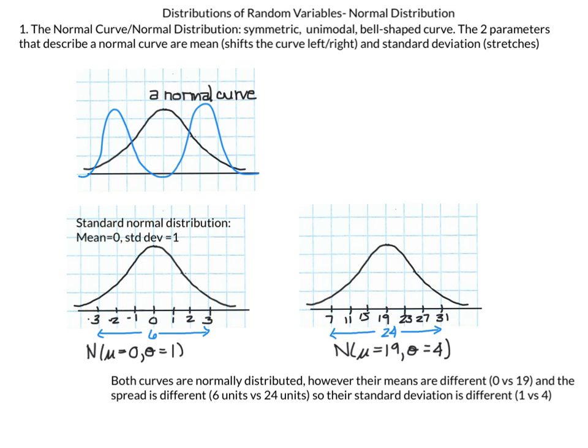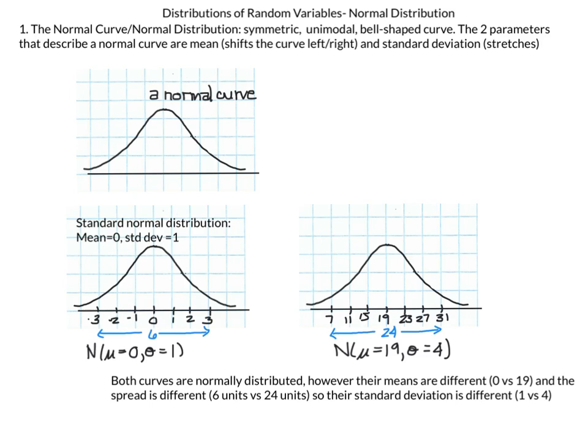If it had 3 peaks, something like this green one, and they don't have to be all the same, that would just be multimodal, many peaks. But this normal curve is unimodal. It has 1 peak, and it has this bell shape. You can think of this like a little bell with a little ringer here.